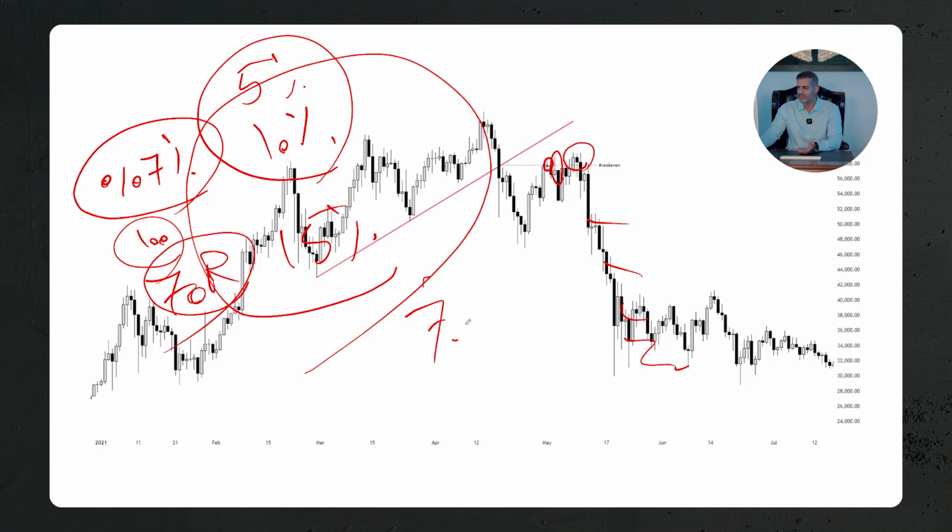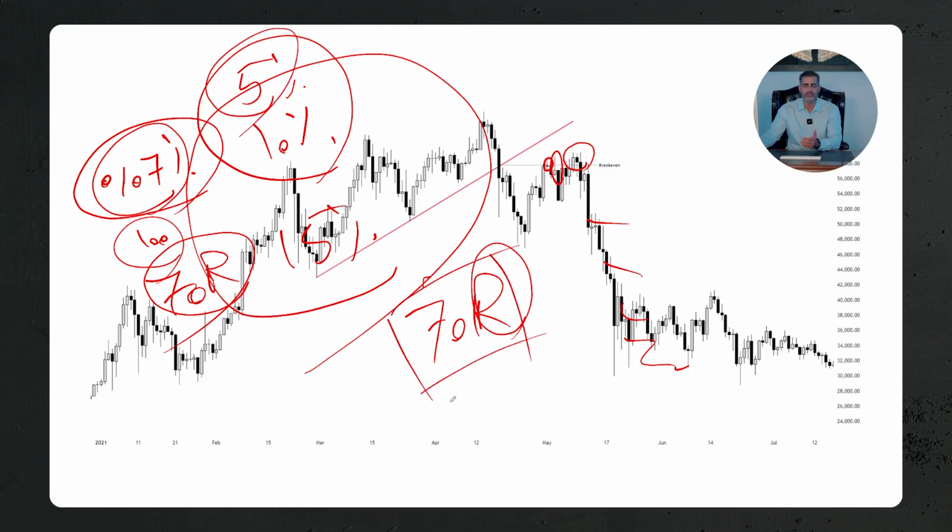Getting 70 R is really not an easy task. R is basically the risk per trade, or the risk you're taking in each trade. And if your average risk is 0.07 and the total profit you need to make is 5%, you need at least 70 TPs or 70 R to be able to pass one stage.